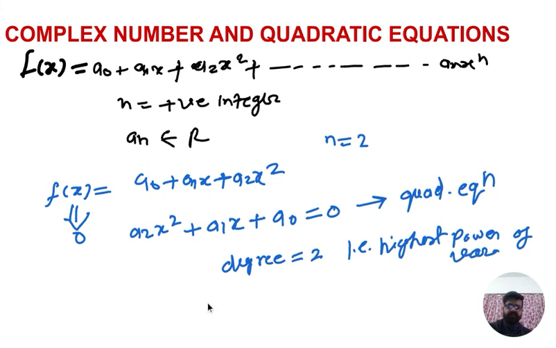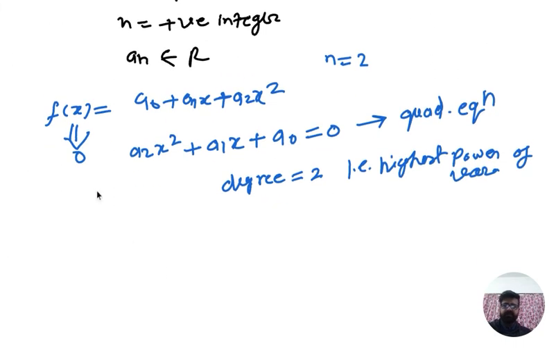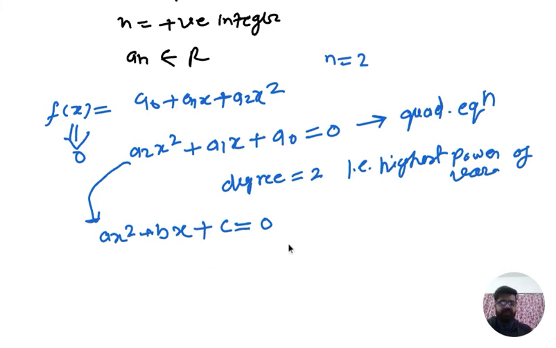Now you can see I can write this equation as ax² + bx + c = 0. Yes, I can write it in this form, because a is the coefficient of x², b is the coefficient of x, and c is a constant. Because the highest power is 2, there will be 2 values of x that satisfy this quadratic equation.